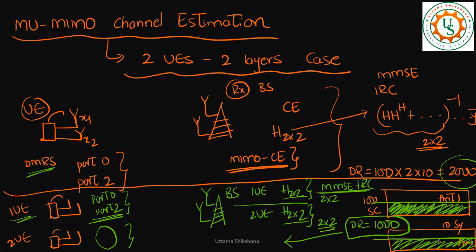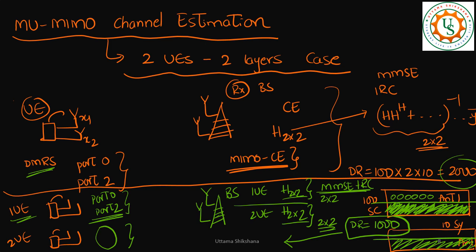Decreased in the sense that we could allocate only 50% of the resources, so we were not allocating anything on the remaining 50 because we had to allocate for the other UV, right? What if I allocate resources on the remaining 50 subcarriers also? Then there will be an overlap. But in that case, how do we overcome the separation of data at the receiver? That was the question, right?